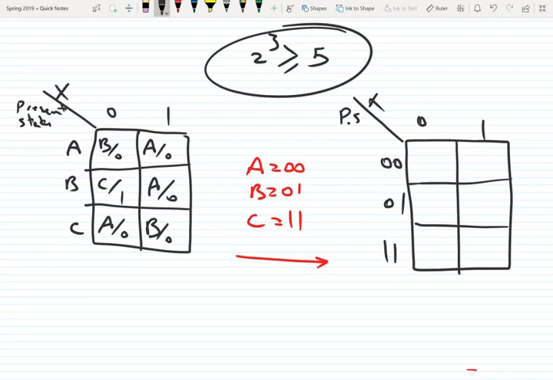Okay, sorry, 1 1. And inside the cells, we replace the state names with the binary codes. Okay, so this one is the first part.